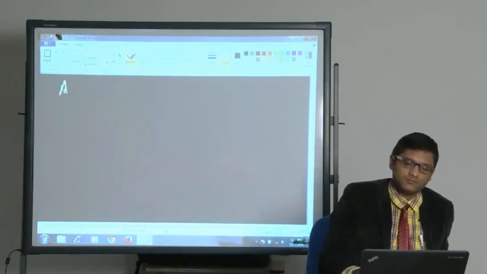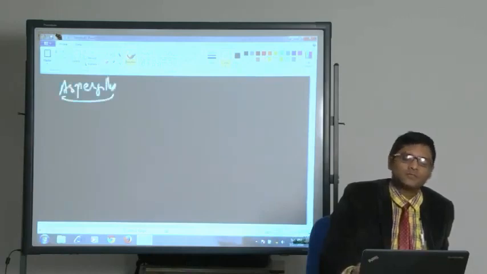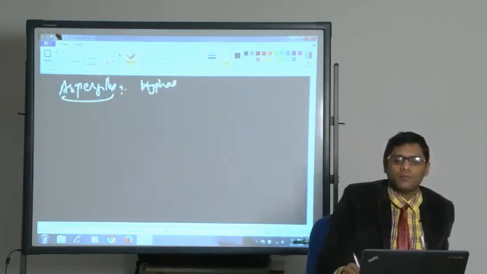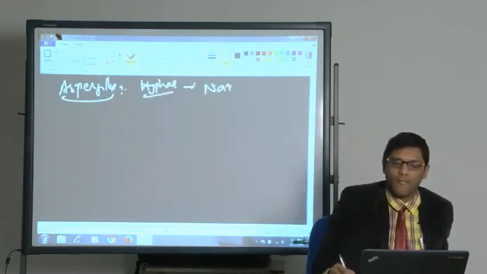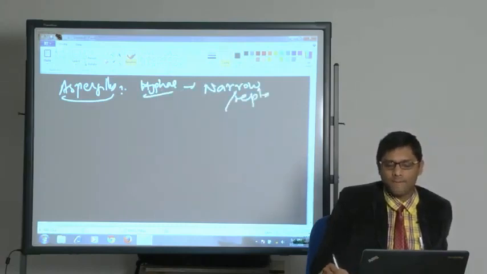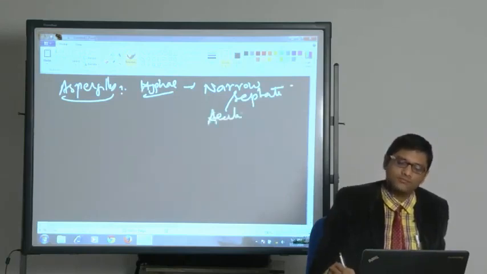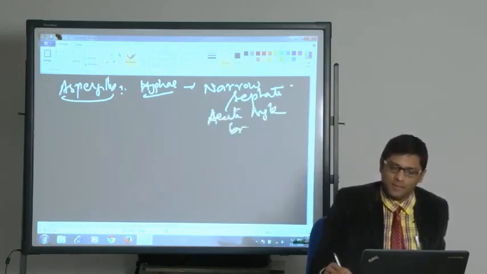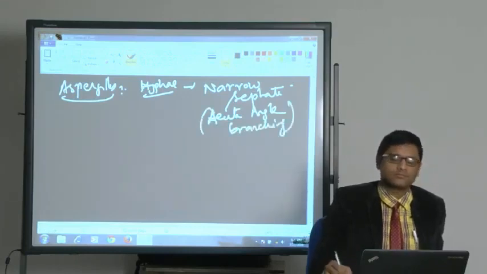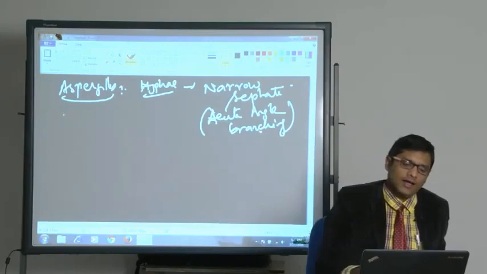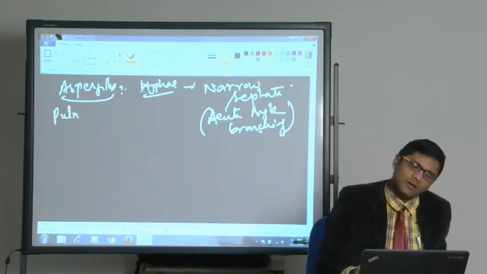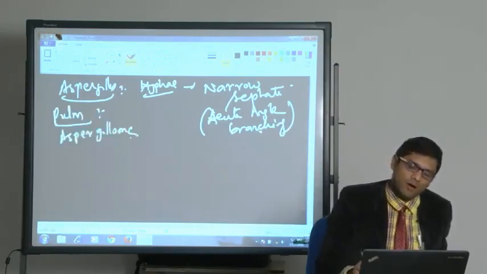Aspergillus: the hypha is just the opposite of Zygomycetes, narrow septate hypha with acute angle branching. Aspergillus can cause mainly pulmonary manifestations like aspergilloma, of course bronchial asthma, and invasive aspergillosis.